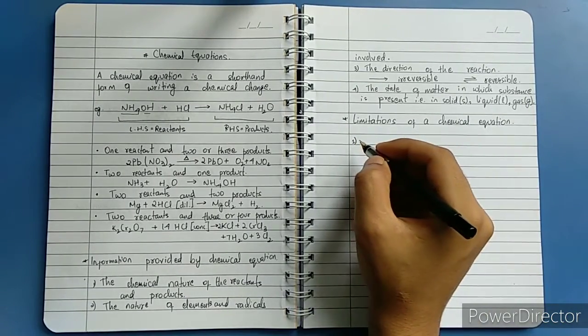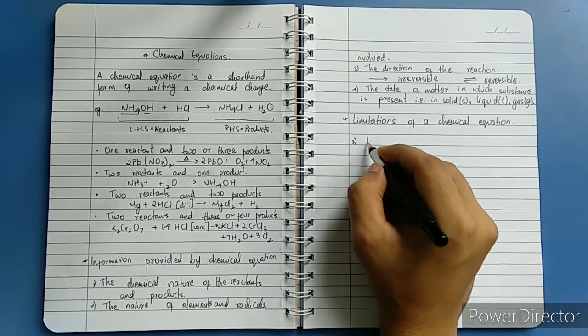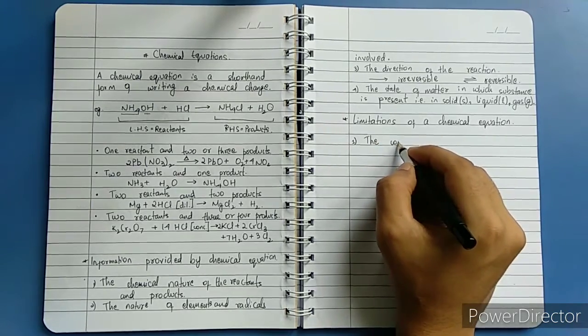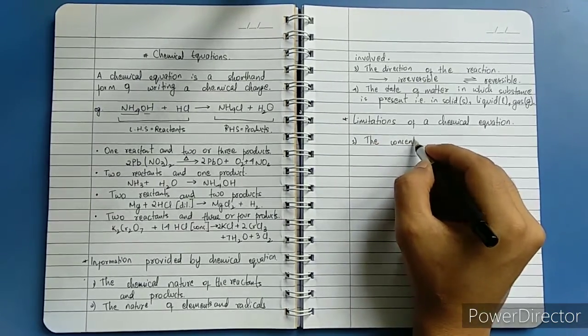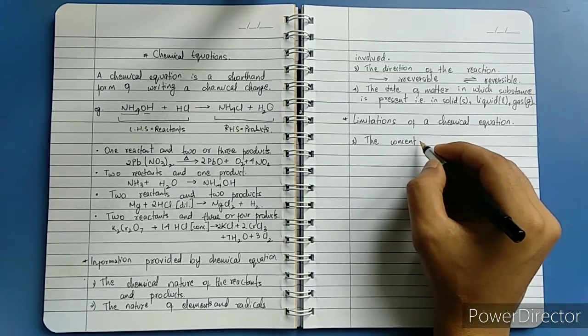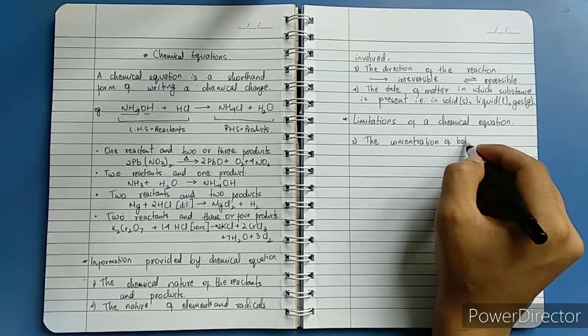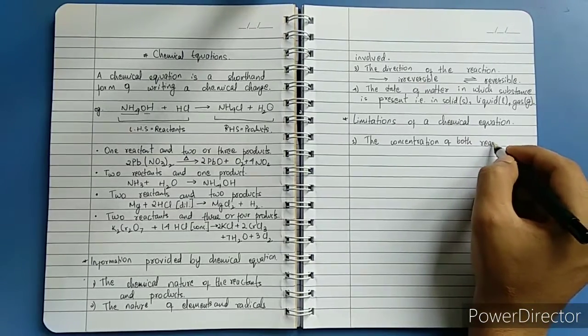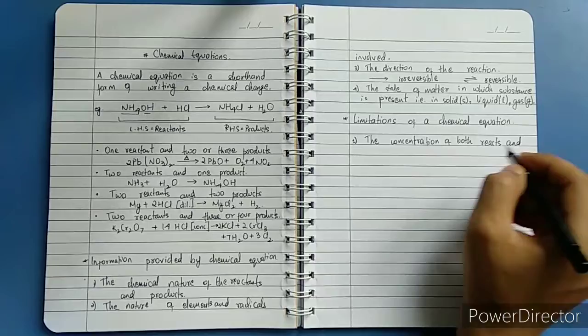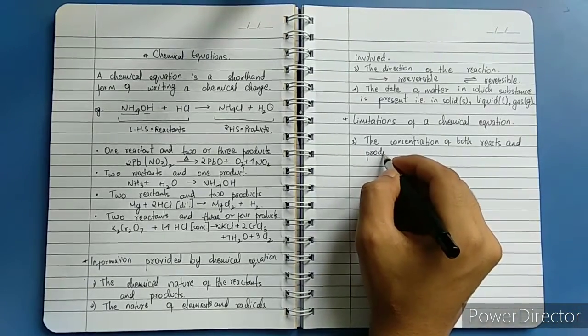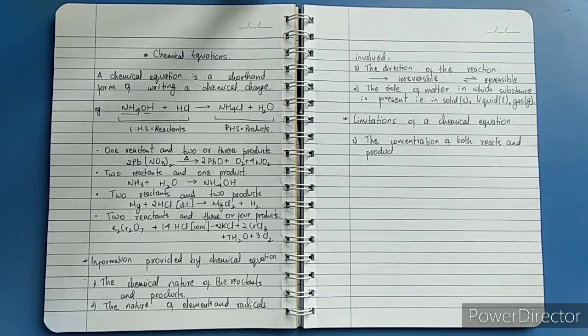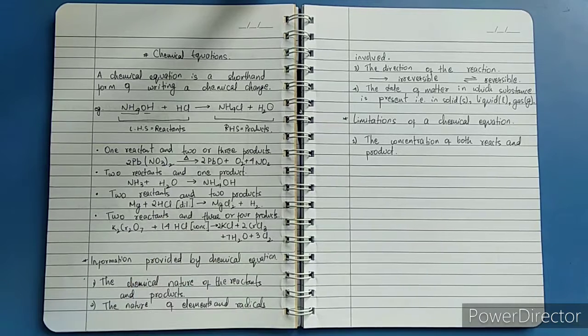The first limitation is the concentration of both reactants and products. This is a limitation because suppose it's written dilute hydrochloric acid.